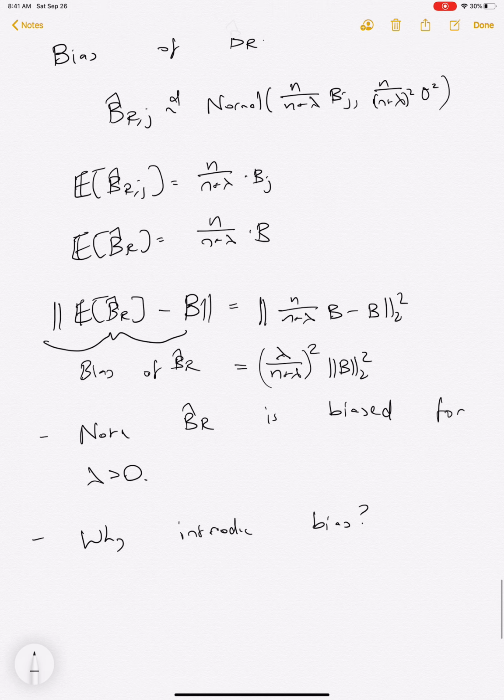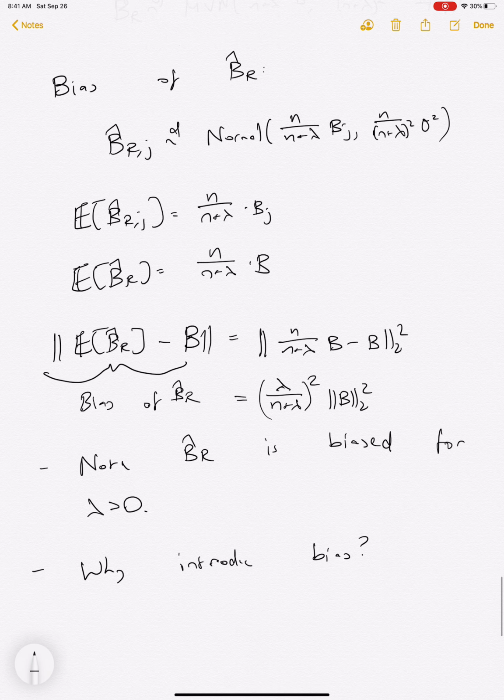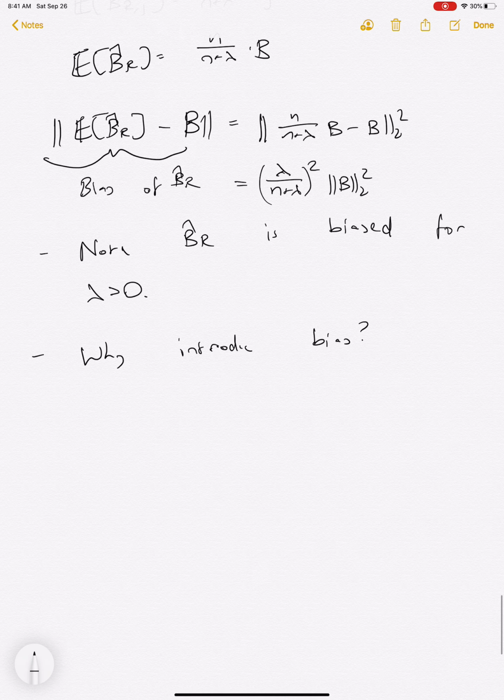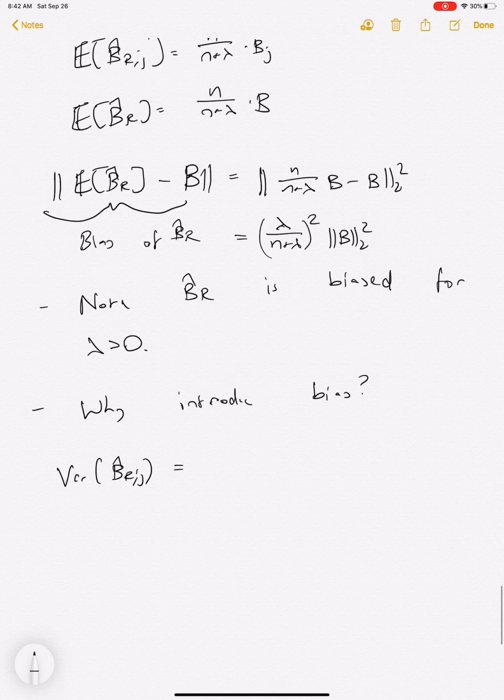So if we look at the variance of beta hat rj for each term, we've already worked that out.